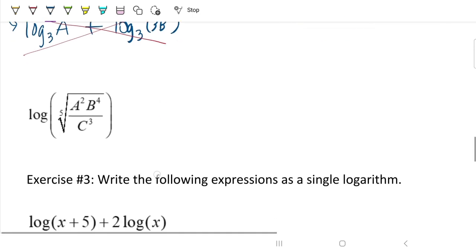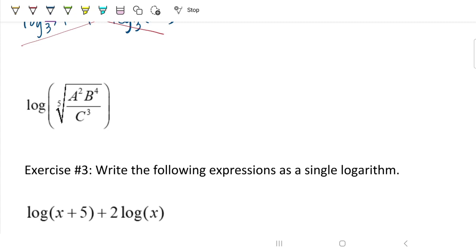Okay? Next item. Medyo mahirap ito. Since meron tayong radical, so kaya natin to, no? So this is log base 10. Since hindi given yung base, so automatically this is a common log, which is base 10.